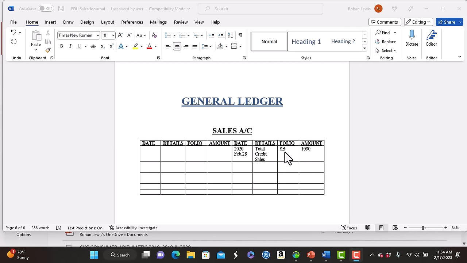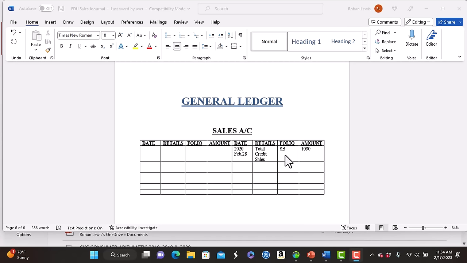Note also that we place SB in this example as the folio, but it depends if you had entered the first entries in the sales journal, then your folio would have been SJ.